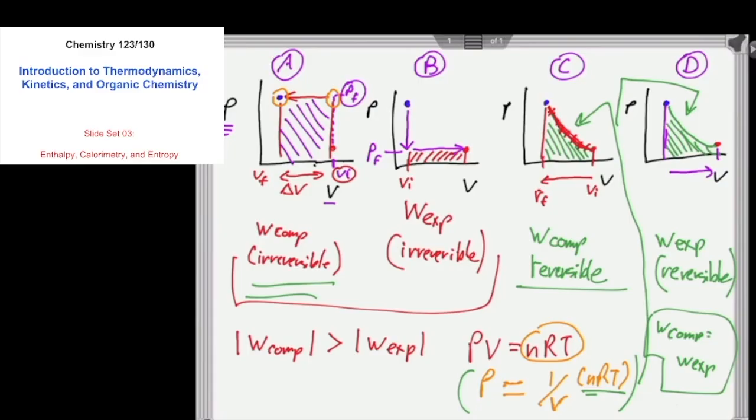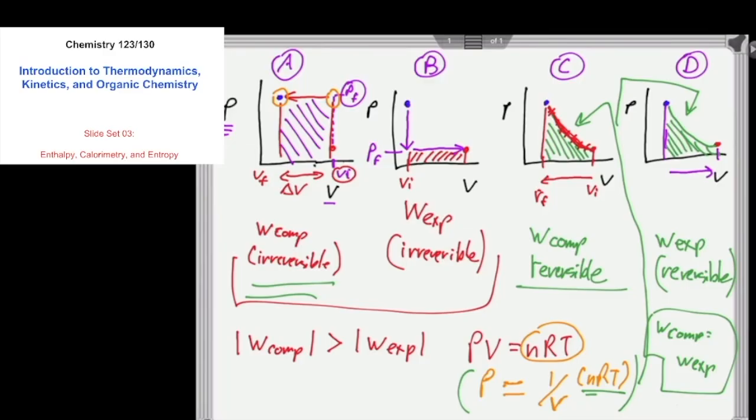In that case, if we did irreversible expansion and compression, the energy balance is how much heat is involved. Versus a reversible system, where work is the same in both cases, which means heat must be the same in both cases. That is not the case in the irreversible one. The heat and work values will not match.